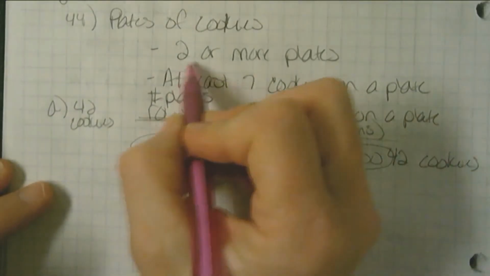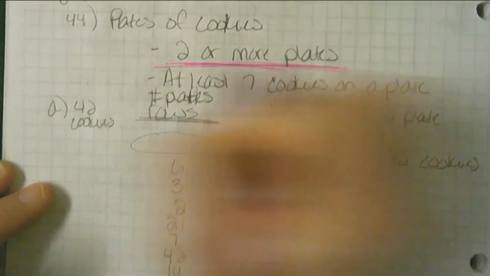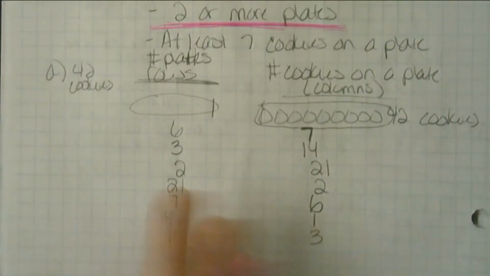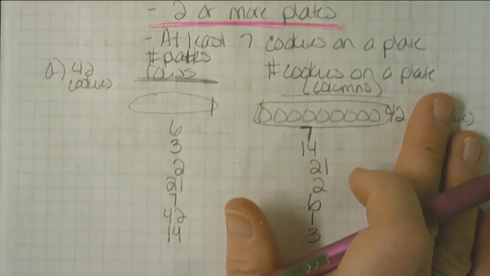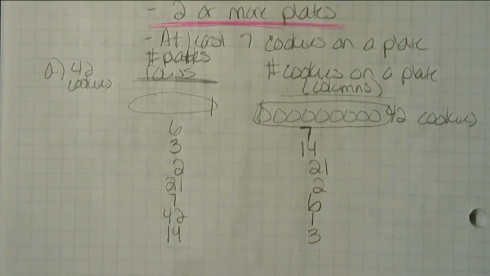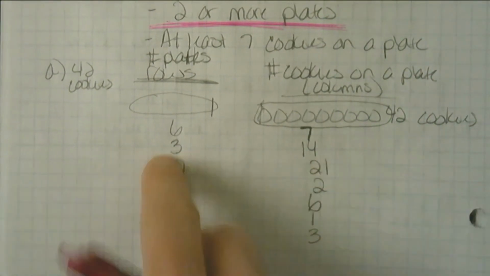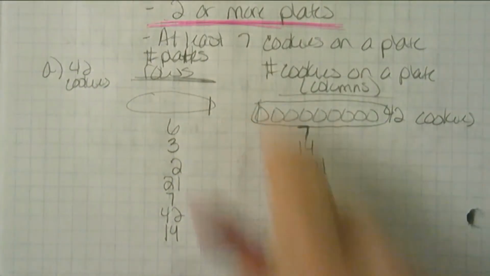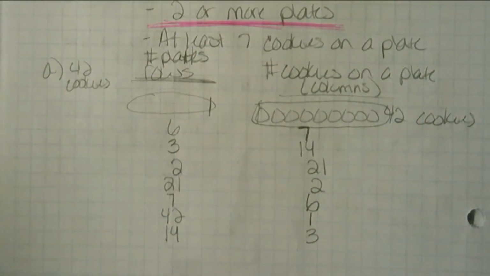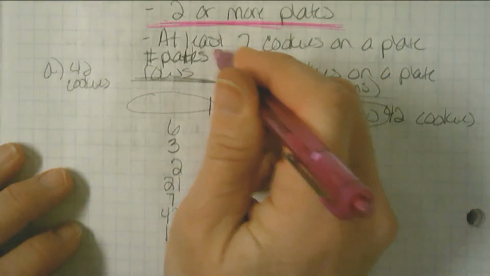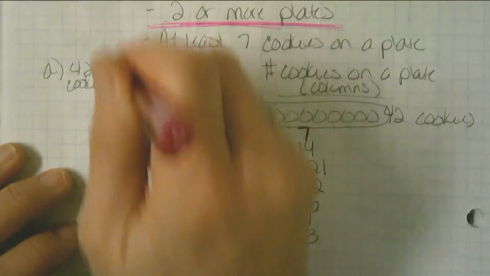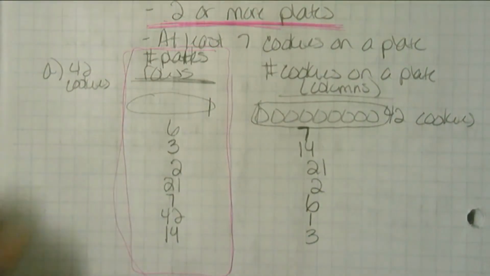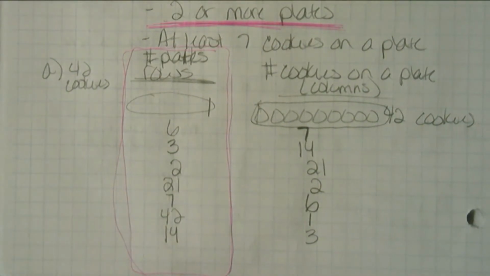My first one is no more than 2 plates. So which bit of data is my number of plates? This column of information here or this column of information here? What deals with my number of plates? Mia? My rows. So my rows I'm going to do in pink. All right, so Mia, what number of plates do not meet that qualification?